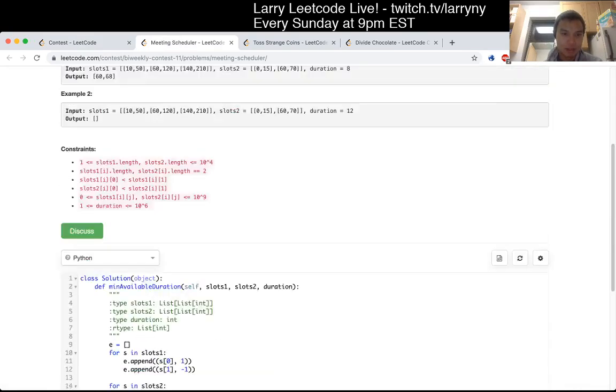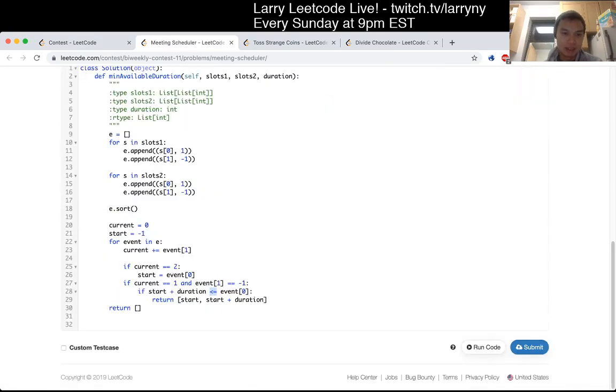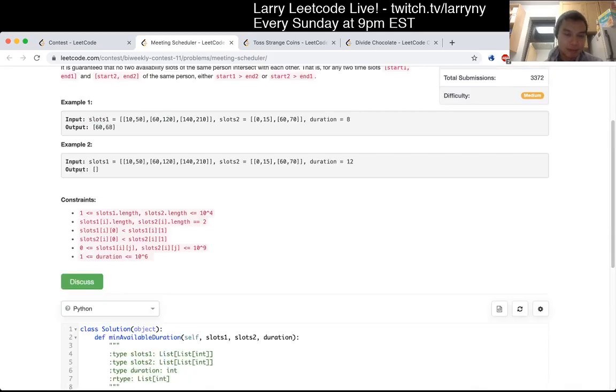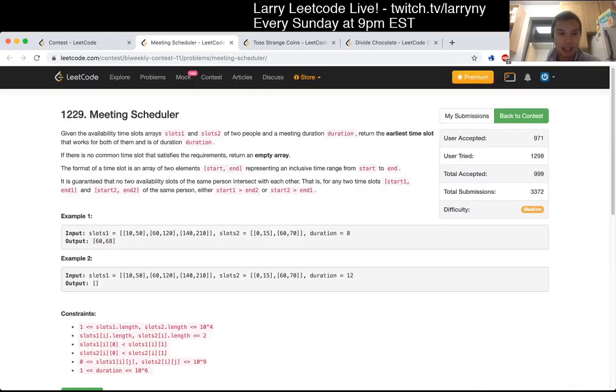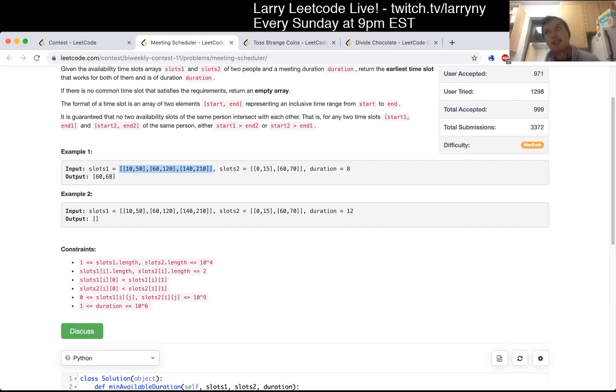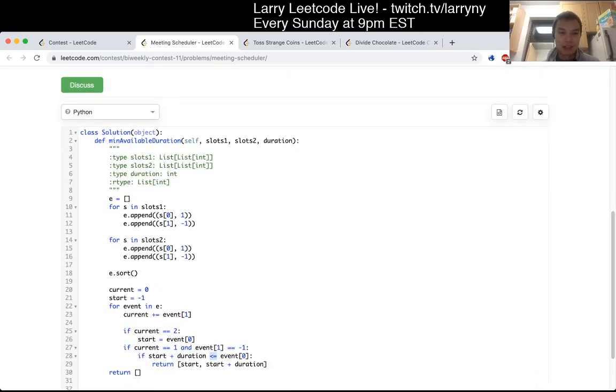Basically what I did is, for each schedule opening, I set it as an event, like the beginning of an interval, and if that interval has all the people, which in this case is only 2, then we set it as a possible start.